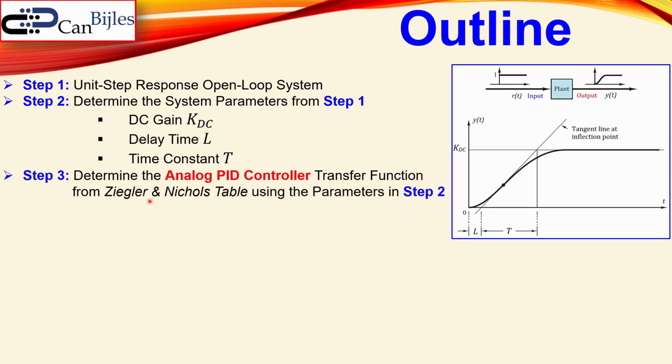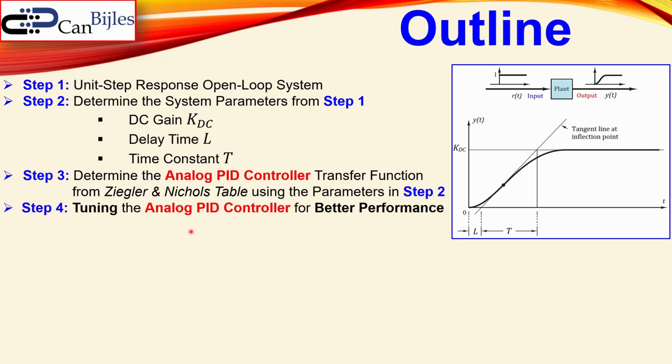Now from this, we will determine the analog PID controller transfer function using the Ziegler Nichols table, and for that we of course use these three parameters from step 2. The third step will produce an analog PID controller transfer function, and we will verify its performance in the closed loop format, but it is not always what we want, so we would like to improve that, and that will be done in step 4.